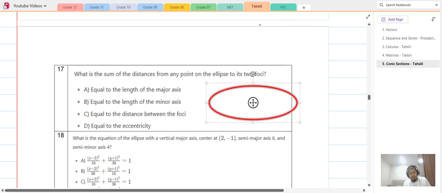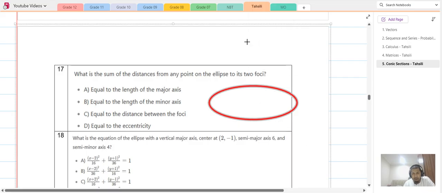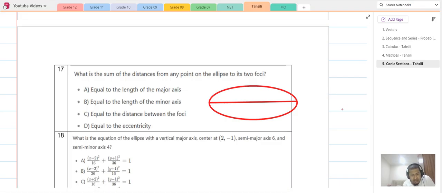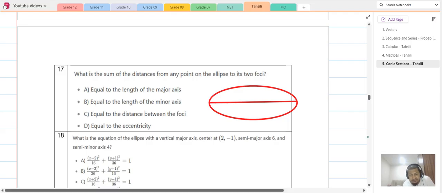What is the sum of the distances from any point on the ellipse to its two foci? So I'm just drawing a general ellipse, right? Any point on the ellipse, not inside the ellipse. So we have center 0, 0.